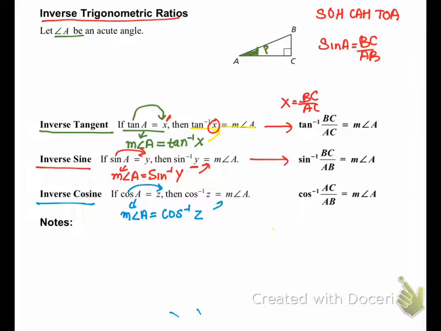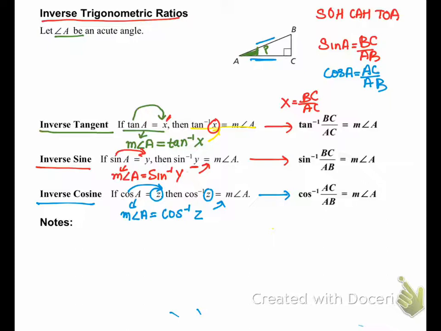And you see it's the same formula here. And z was cosine A. What was cosine A? Cosine A is adjacent over hypotenuse, that's AC over AB. And you can just plug it in here and that is your expression.